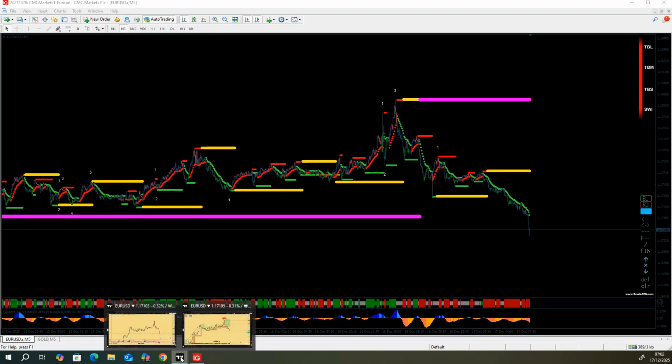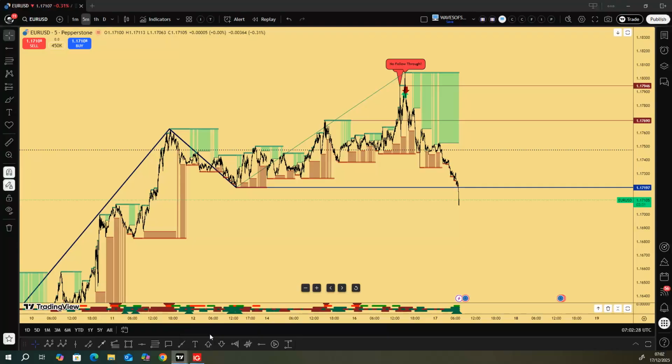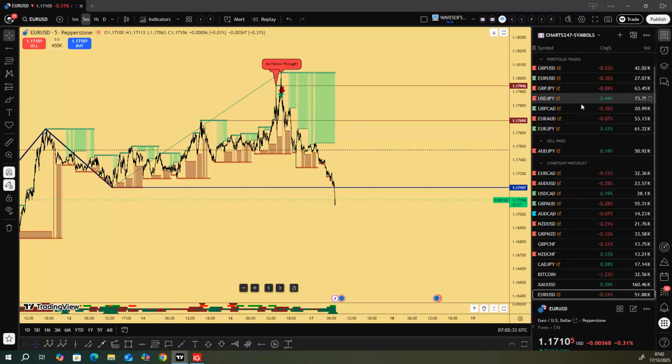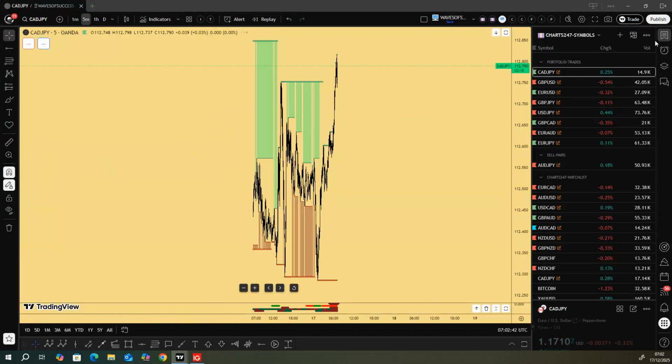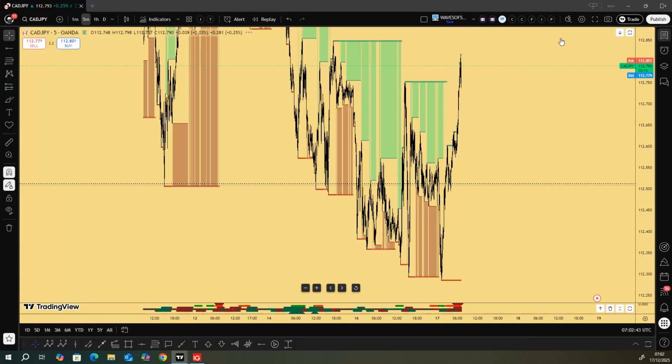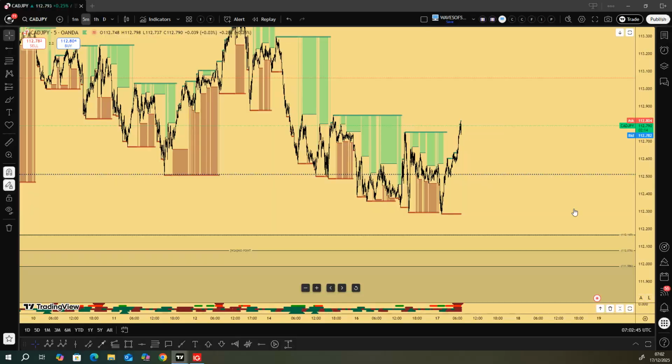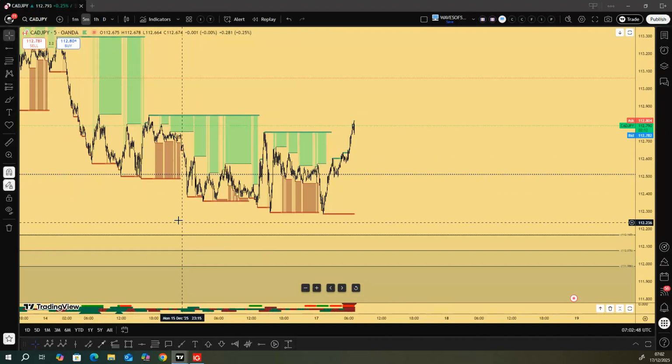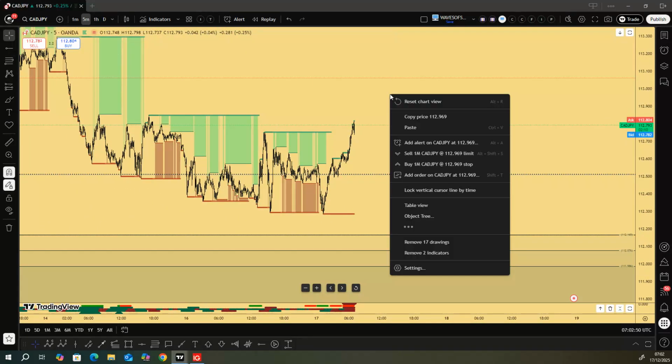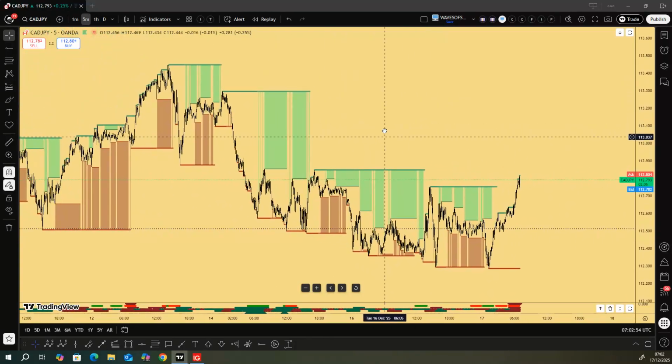So I'm going to try and cram one more in, the Cardian. I've not traded Cardian since last week, and let me see where we are right now. Let's just analyze the Cardian. Okay, as you can see, I've not done any updates on the Cardian.